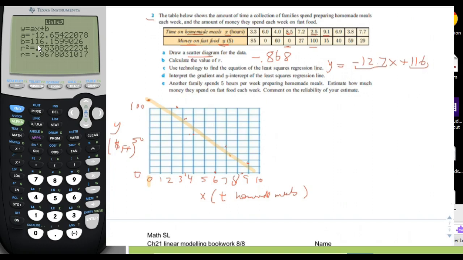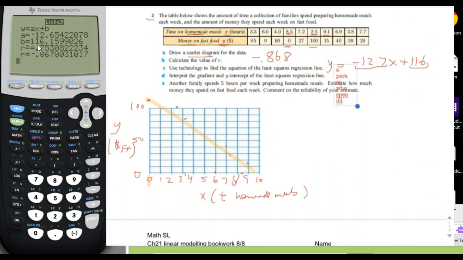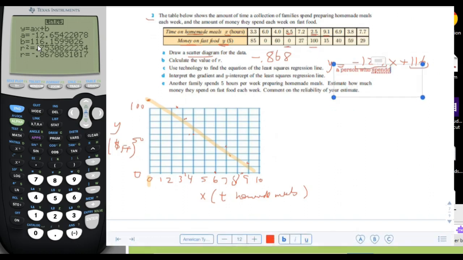So I'll write that here. A person who spends 0 hours making homemade meals would spend $116 on fast food.